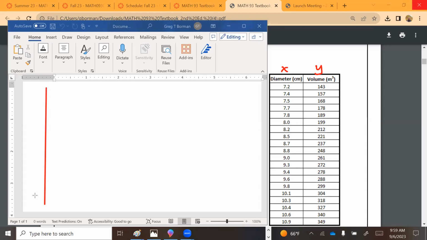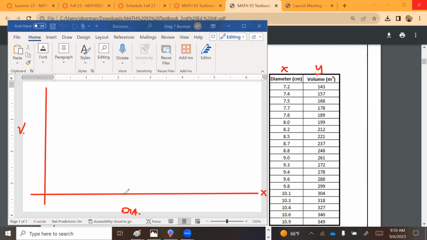First we have to draw our axes, X and Y axes, and it's always a good idea to label them. Our X axis is our diameter, and our Y axis is our volume, so I'll just put V for volume. And I'll change up our colors.